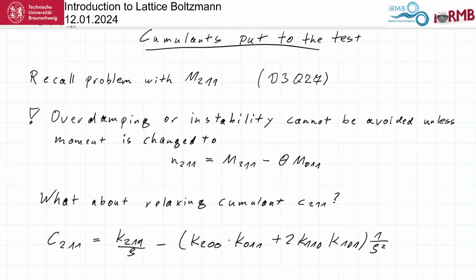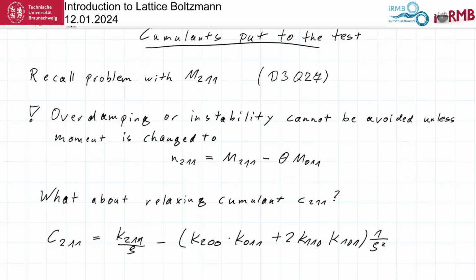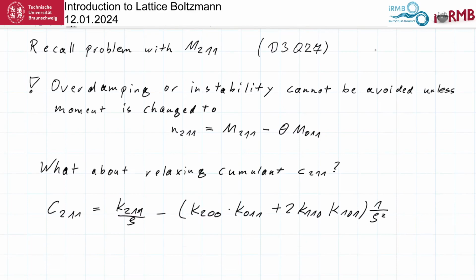So actually this rho square here would be K000, which is rho. Okay, the problem that we observed was in our diffusive scaling at second order. Now we look at the same order here.